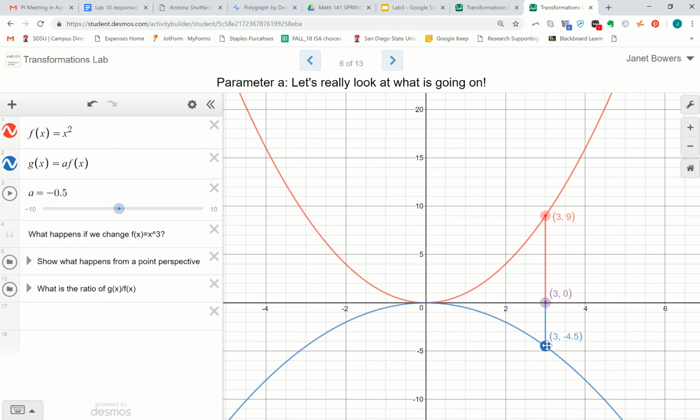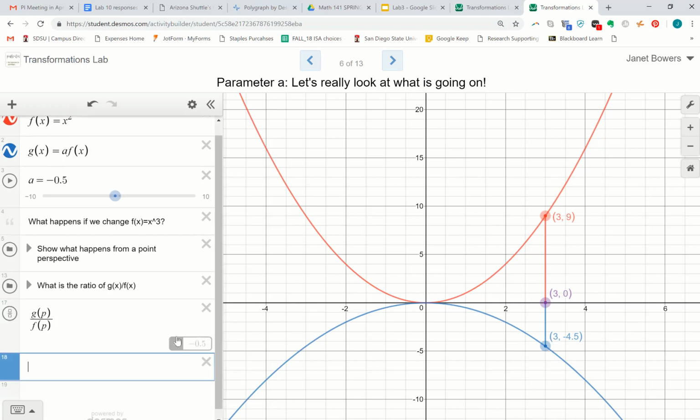So what's interesting is before we looked at a constant difference between the original red function and the transformed blue function. Here, what we see is the ratio is what stays constant. So in this case, I can look at, let's say, g of p. Again, p is the purple point there, divided by f of p. And what do you see?